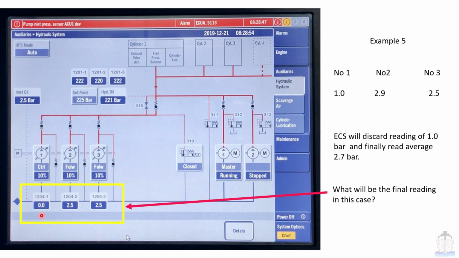Suppose number 1 reading is 0, number 2 reading is 2.5 bar and number 3 reading is also 2.5 bar. Then what reading will be discarded by the ECS and what will be the final reading of LP? The answer is final reading will be 2.5 bar and discarded pressure transmitter will be of number 1 unit, that is 0 bar.